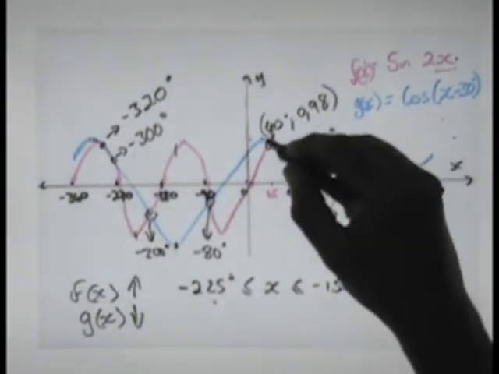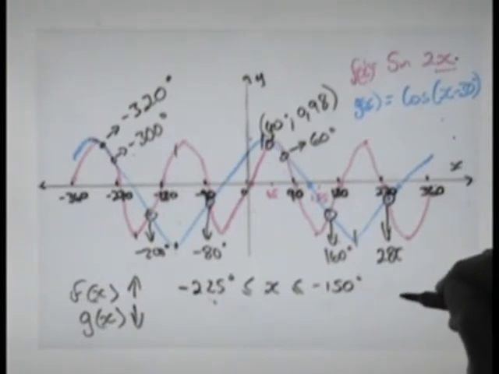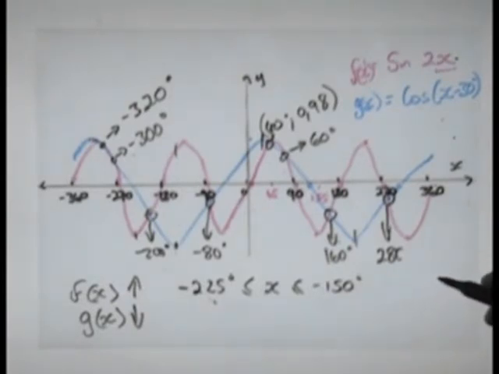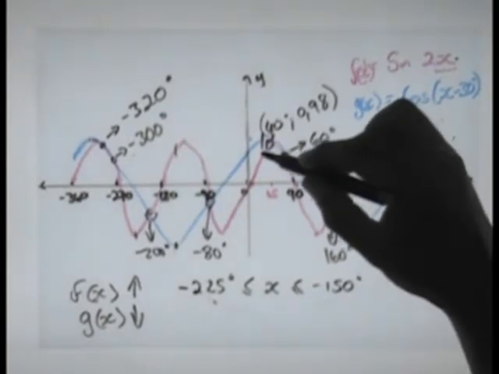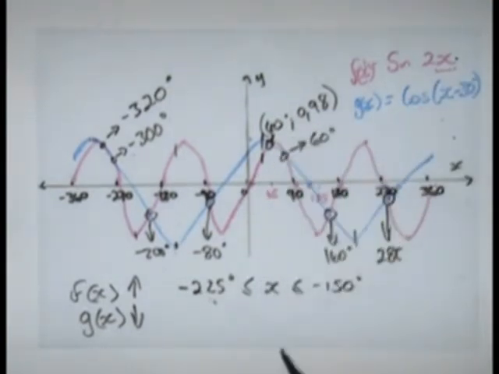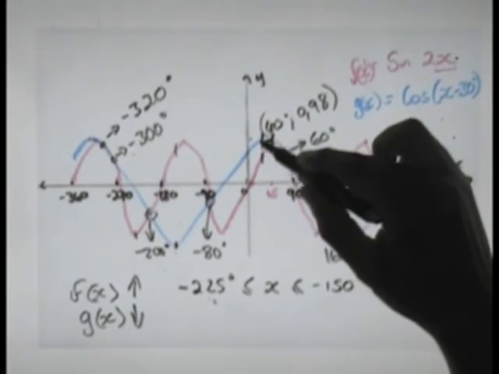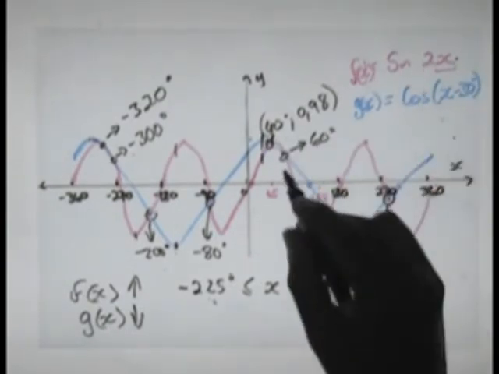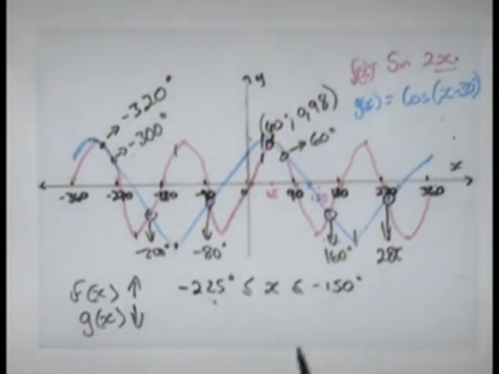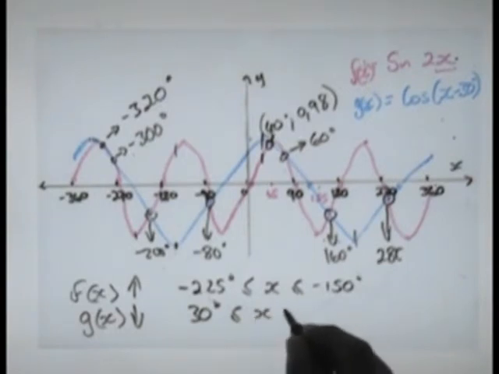Where else is g of x decreasing? From there till there. In that point, where is f of x increasing? Funny enough, from there till its peak, which is a very short interval. Increasing, decreasing, and then increasing again. Let's look at that first bit. It's from the point that g of x starts to decrease, which is at 30 degrees, because that's where its peak is.